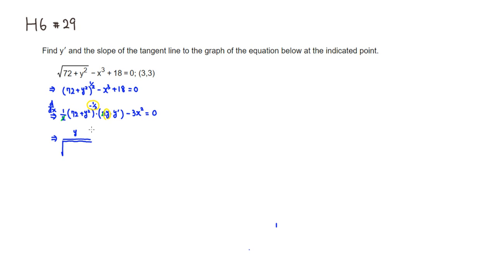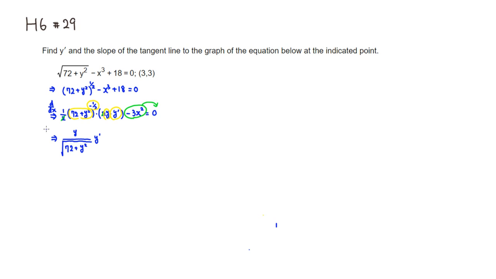Inside, you have 72 plus y squared. Then of course we have a y, and y prime is here. Then I'm going to move this negative 3x squared to the other side.